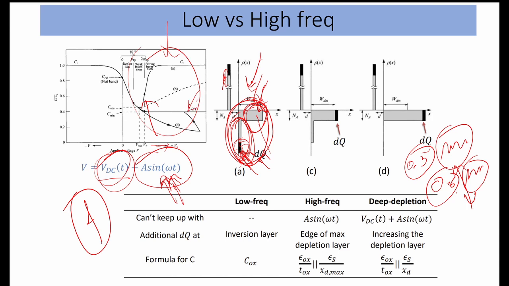Most of the change in the capacitance is coming from the interface only, which is the oxide capacitance, Cox or Ci.